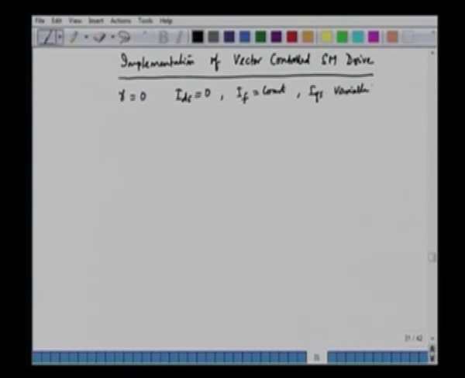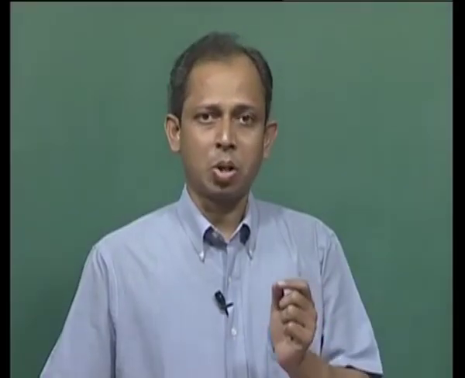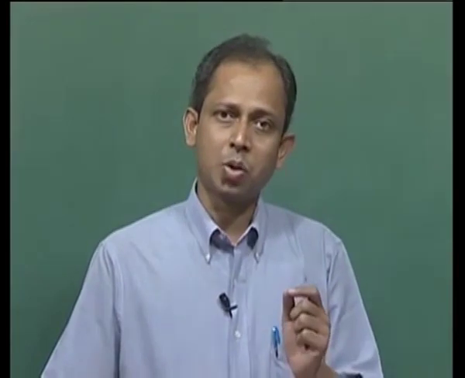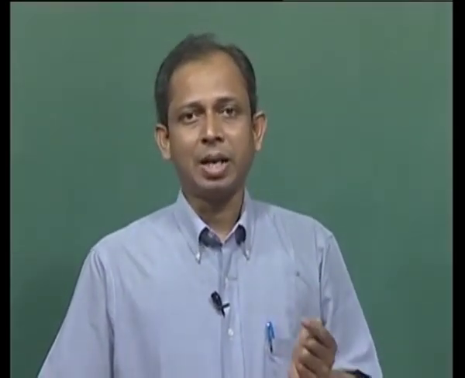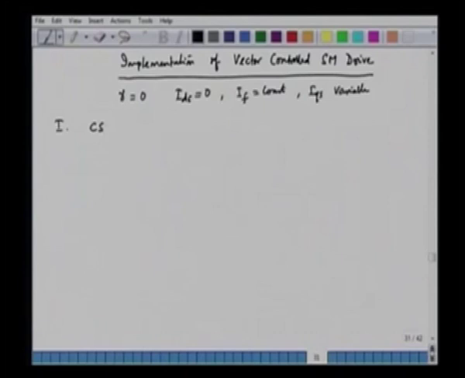We can have two approaches. One approach is to implement the drive using a current source inverter. If we use a current source inverter, you can inject the current in such a way that IDS becomes equal to 0 and IQS can be controlled by changing the DC link current. So, the first implementation is the CSI fed synchronous motor.